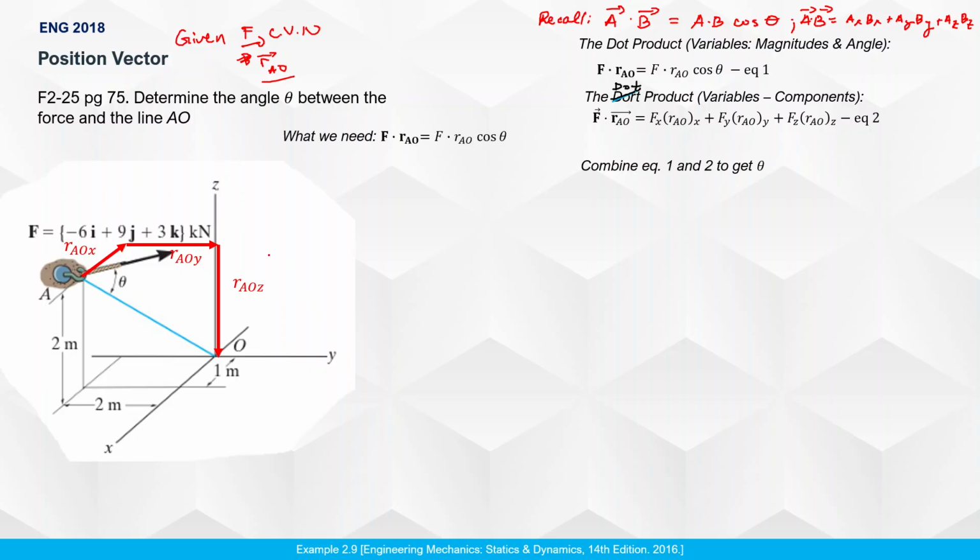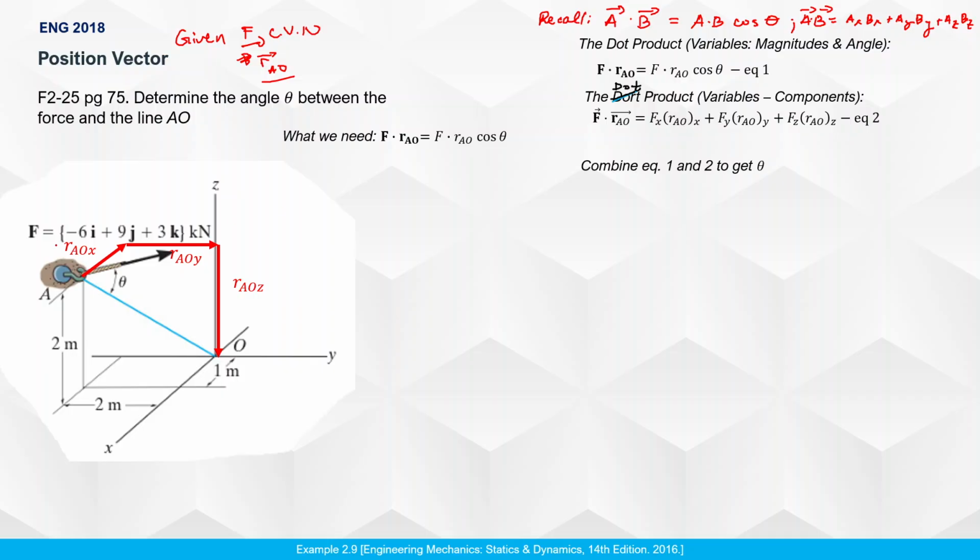Since given na yung force natin dito, I guess mas magandang unahin na natin yung force muna and we can actually get yung components na to. We need F and position vector AO. With vector F, we can get that now with negative 6, 9, and 3. Kailangan natin yung respective x, y, z components yan.